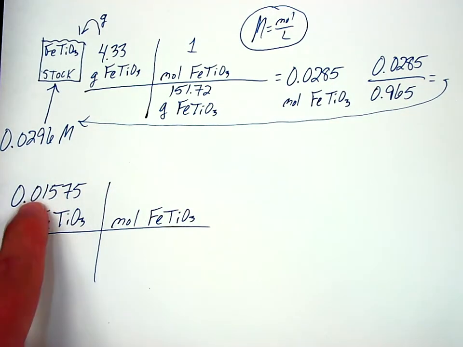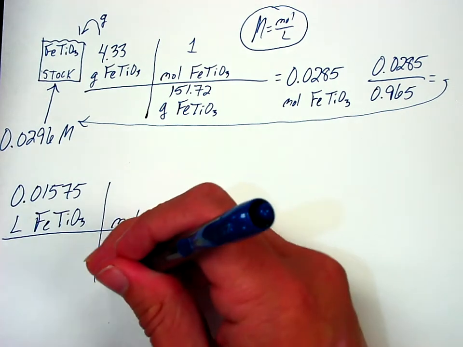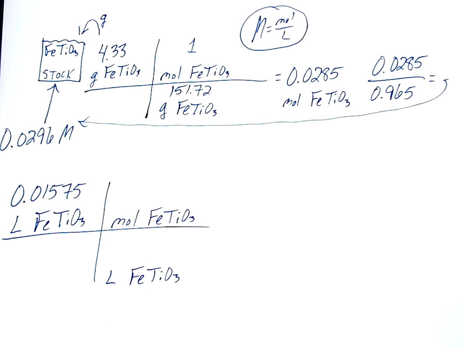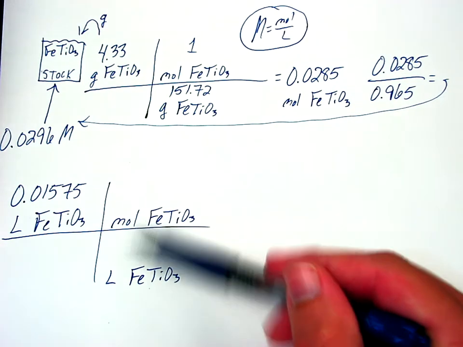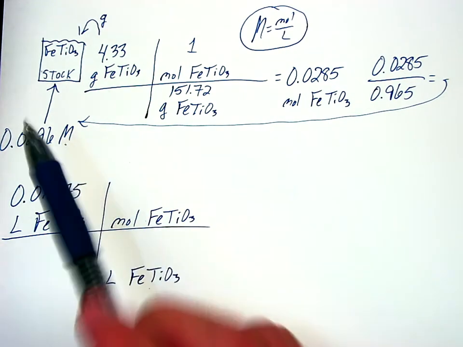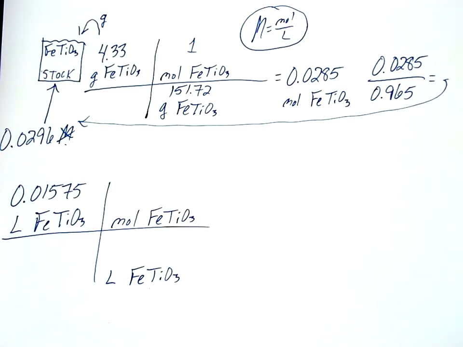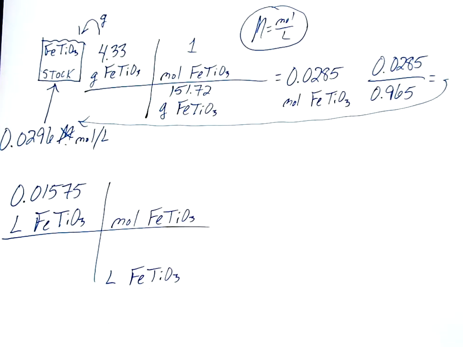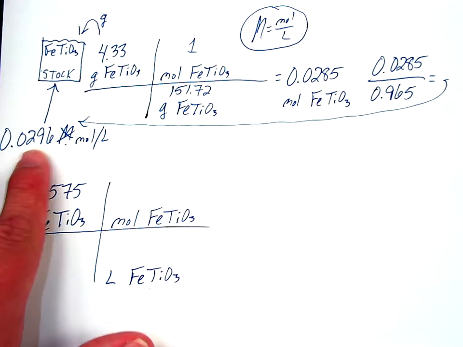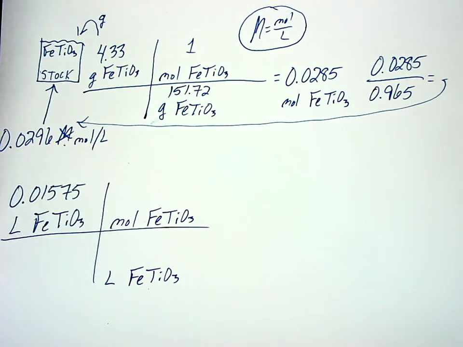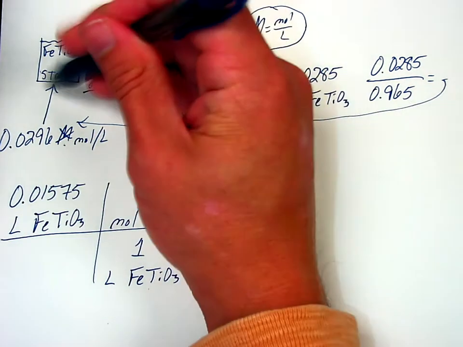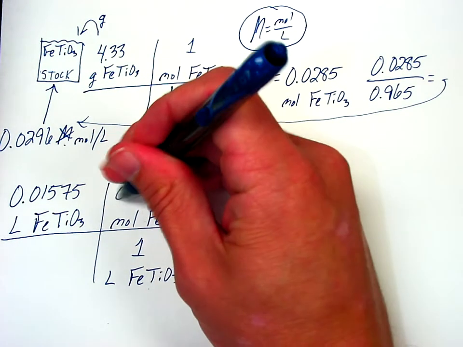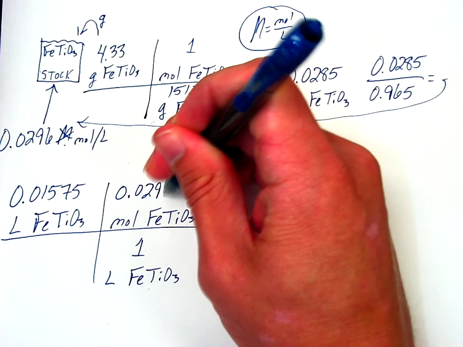So we're going to go from liters to moles. I'm going to make these diagonals match. I know that moles per liter is the same thing as molarity, so keep in mind that while we can use molarity as the unit there, it's also moles per liter. They're synonymous. So this is telling me that 1 liter of this solution contains 0.0296 moles.